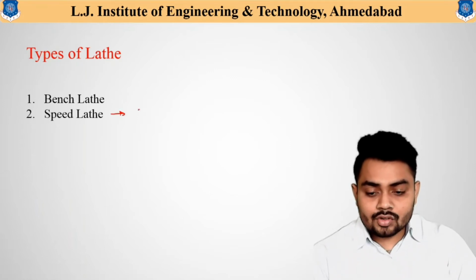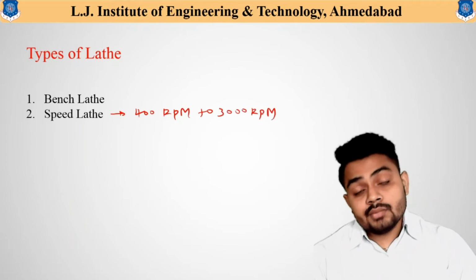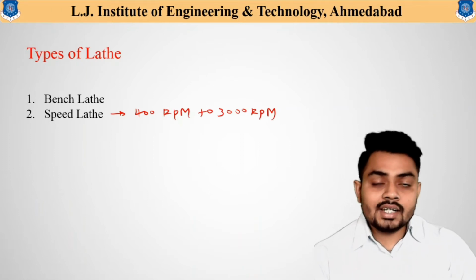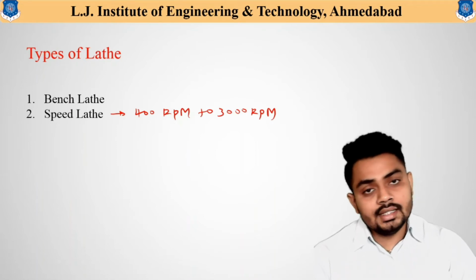It may be from 400 RPM up to 3000 RPM. That means a large speed variation can be given to this type of lathe machine, and that is why it is called the speed lathe.